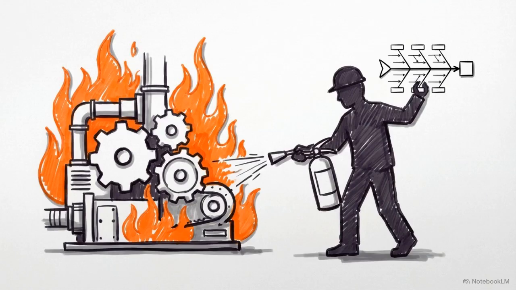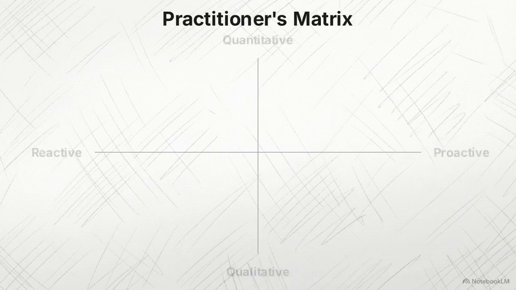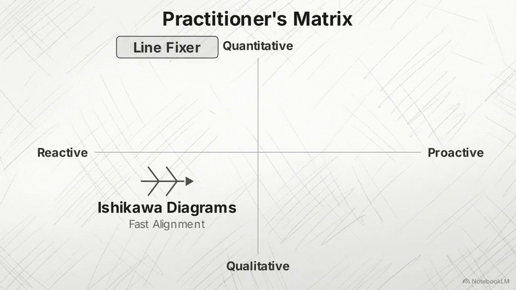The Ishikawa diagram is the required tool for fighting daily operational fires on the floor. FMEA is the architectural firewall built to ensure those fires never start in the first place. The true test is matching your process to the correct framework. Line fixers use qualitative Ishikawa diagrams for fast alignment and quantitative X-bar R charts for control.